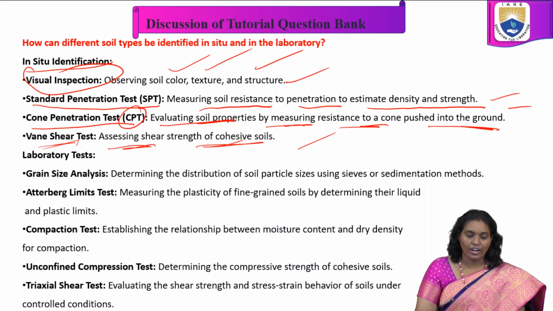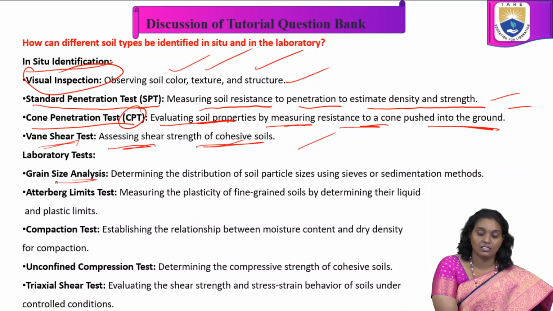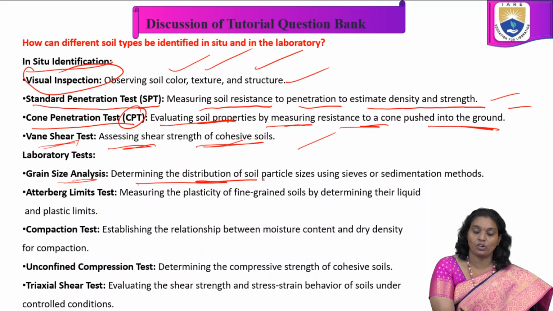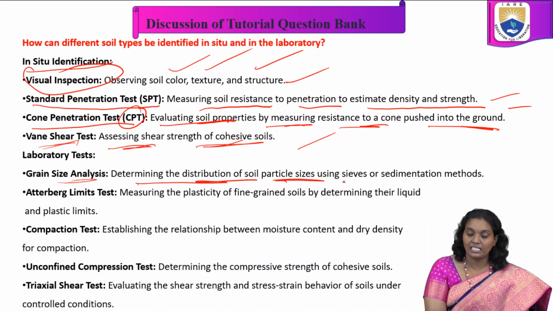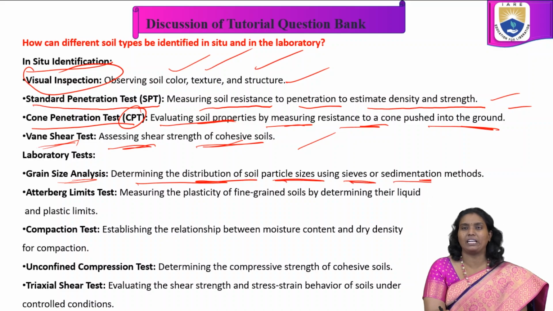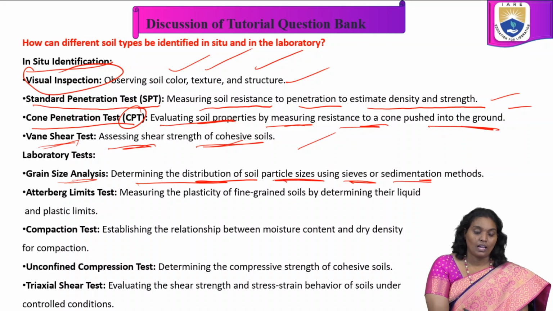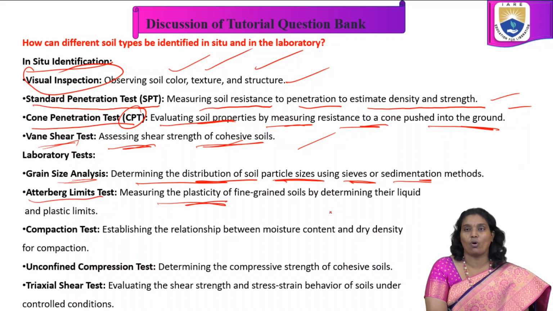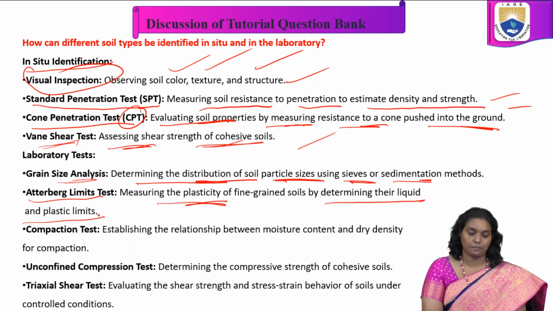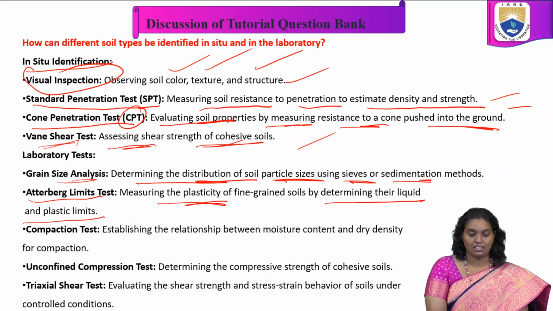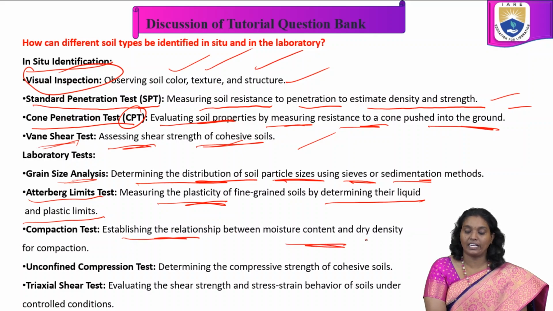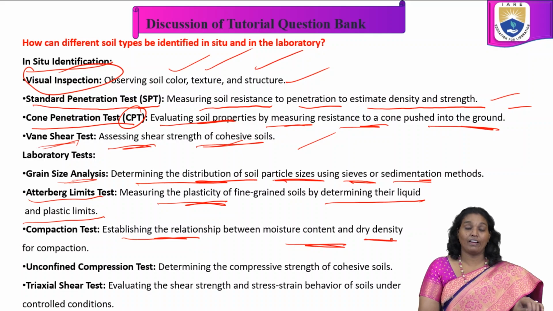Now, laboratory tests. Grain size analysis, determining the distribution of soil particles using sieves or sedimentation methods. Atterberg limit test, measuring the plasticity of fine-grained soils by determining their liquid and plastic limits. Compaction test, establishing the relationship between moisture content and dry density for compaction.